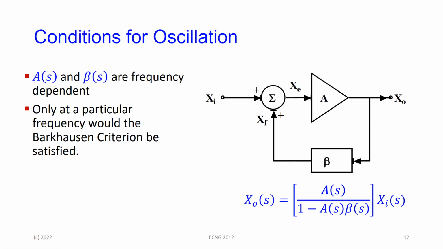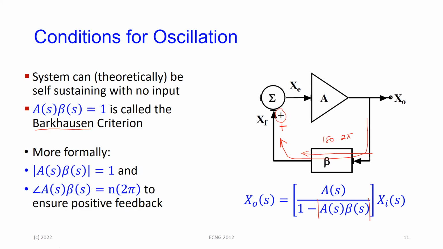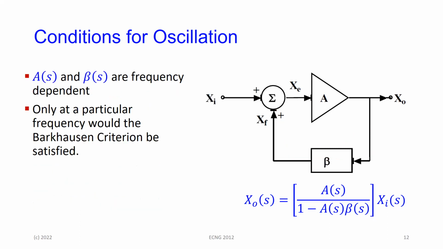So again, A and beta are frequency dependent, we are dealing with circuits here. So the responses of these circuits, both of them, depend on the frequency, f or omega. So they are frequency dependent.